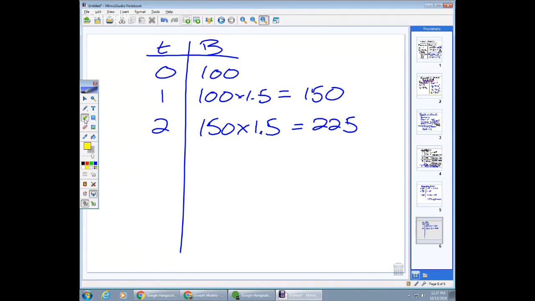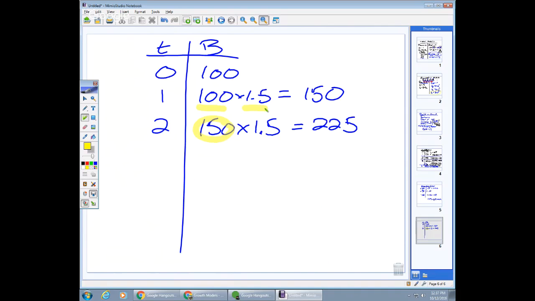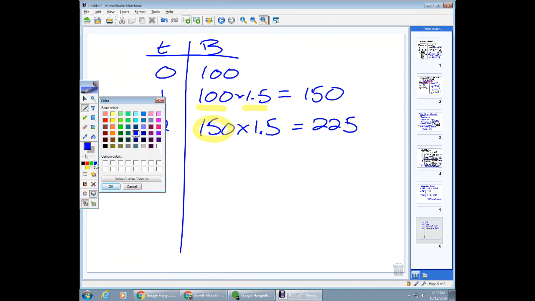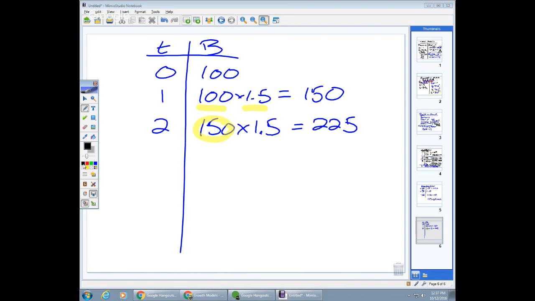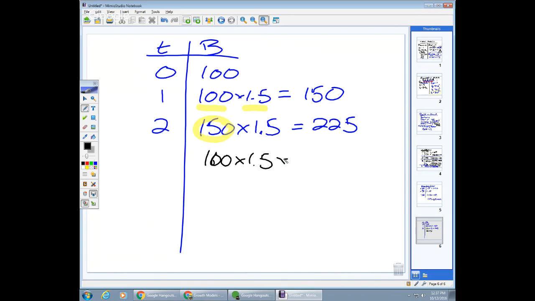Now let's break this down a sec. Where did the 150 come from again? It took the 100 and multiplied by 1.5. So aren't I repeatedly multiplying by 1.5? Yeah. So another way I can write what's happening in this second hour is I could say for the 2, starting with 100, multiply by 1.5, and then multiply by 1.5 again, because I need to get to that second position.